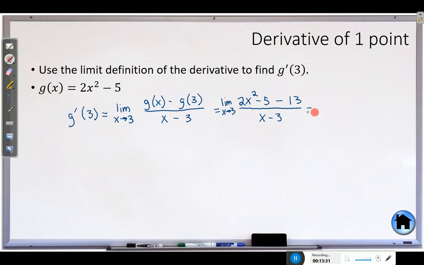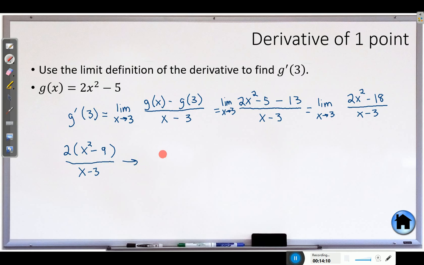So let's keep manipulating this. So we get the limit as x approaches 3. Simplify this on top, we get 2x squared minus 18, it looks like, divided by x minus 3. Still can't do that limit. Factor the top. Looks like we can pull out a 2. I'm going to do this kind of quickly here. x squared minus 9 is on top.